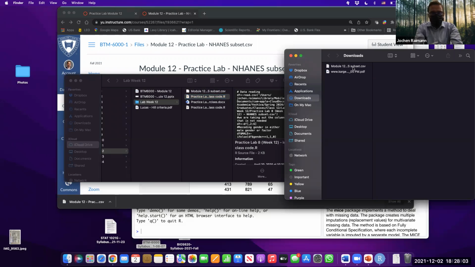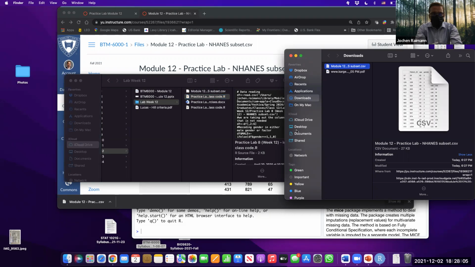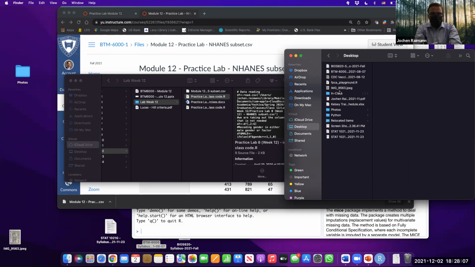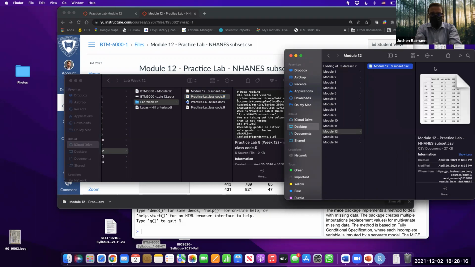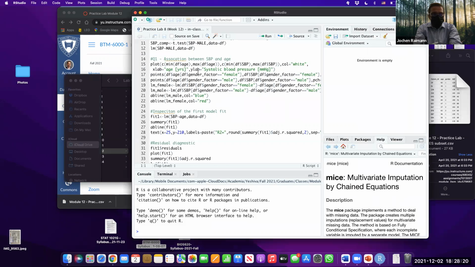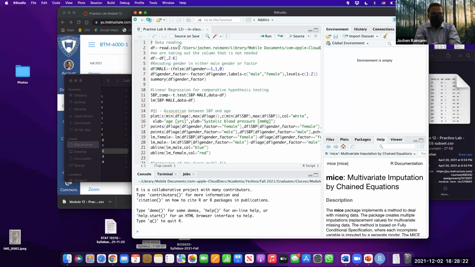We are essentially taking the subset and bringing it into the in-class folder. There it is already for me. So essentially, you copy it in the same folder, and then you load it in your R.